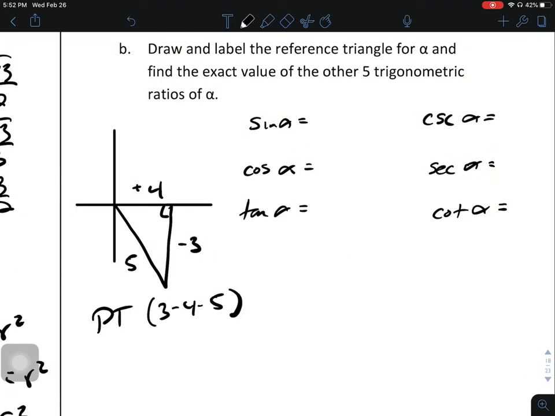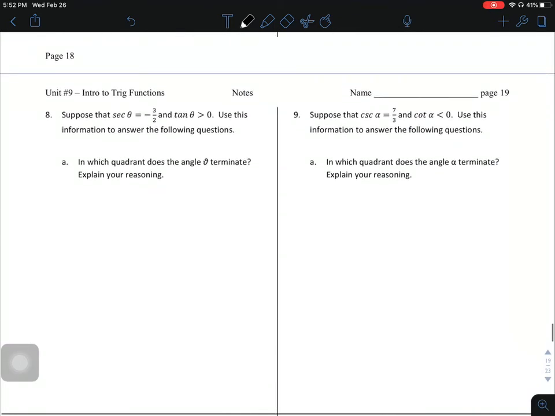Sine of alpha will be negative 3/5. Cosine is 4/5. Tangent is negative 3 over 4. Then we have the reciprocals. Done. Number 8.